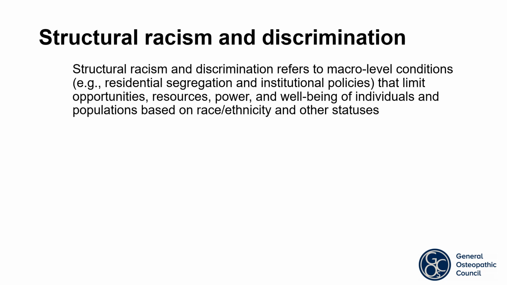The resources are limited because of these policies or these discriminatory practices. People don't have equal power and equal opportunity to make the changes to their lives that would take them forward. They affect the well-being of individuals and populations, and these are things that are based on their race or their ethnicity.